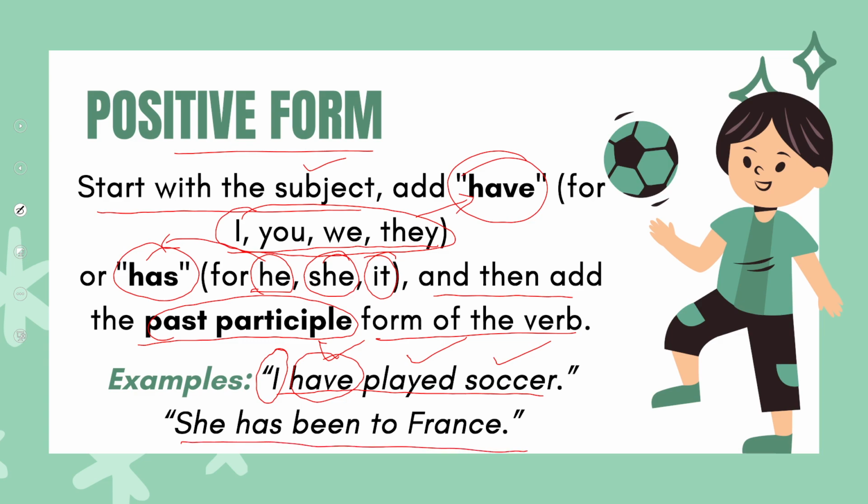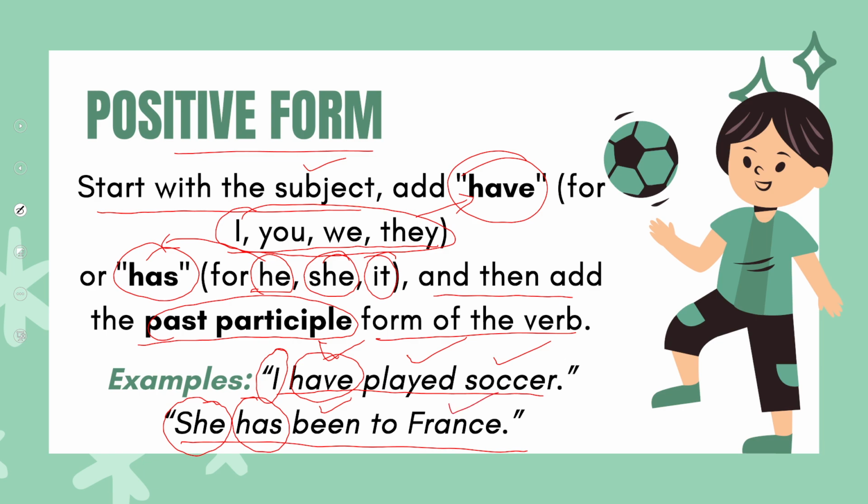She has been to France. Now, she, we know that we are using has with she, he, and it, and been is the past participle of be, and then our object.